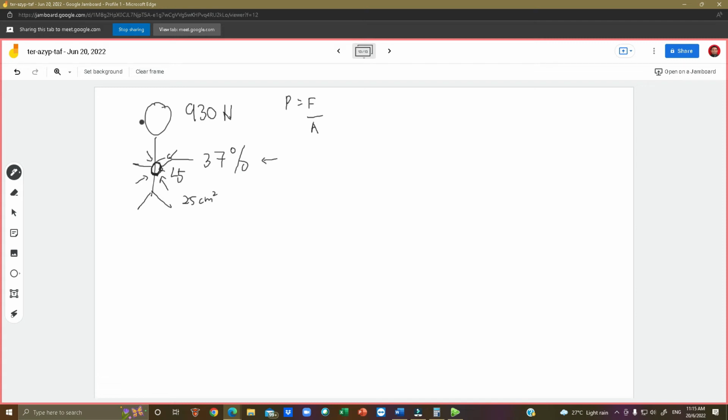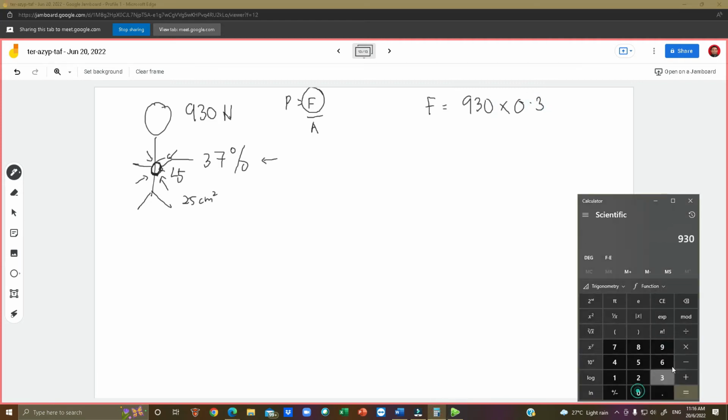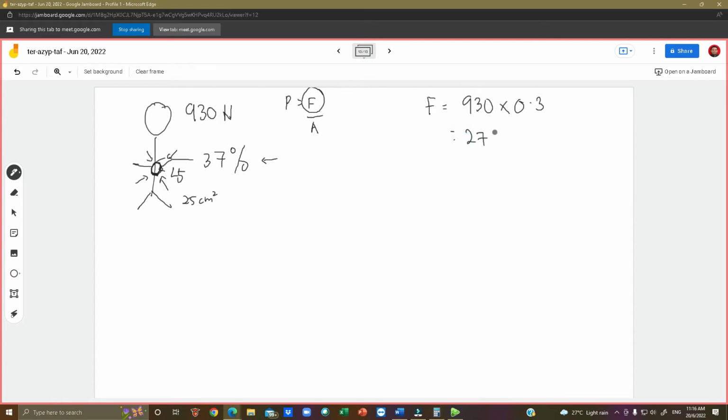So, soalan dia, kalau orang ni 930 Newton and 37% of this is being distributed over L5, how much force being exerted by L5? First, we need to know how much force being exerted dulu. So, in order to know how much force, dia dah bagi tahu dah 37%. So, force here is equals to 930 kalikan dengan 0.37. Apa kita dapat yang itu dulu? 930 times 0.3, we have 279 Newton. Okay. Ini apa?